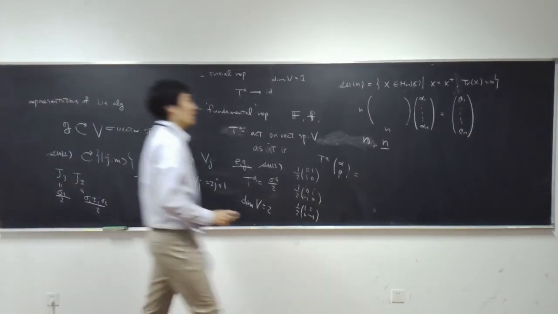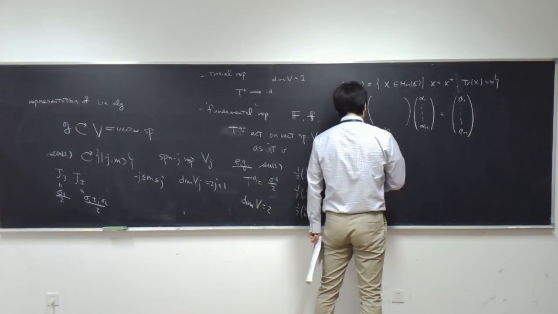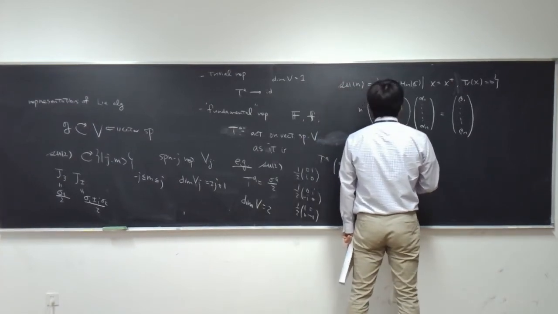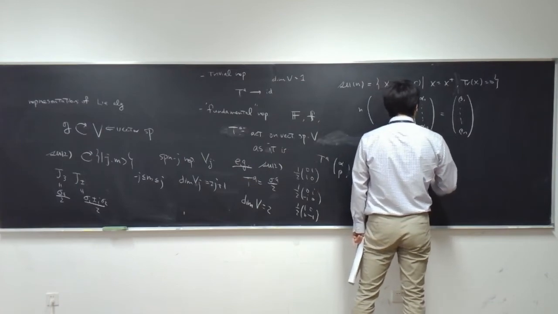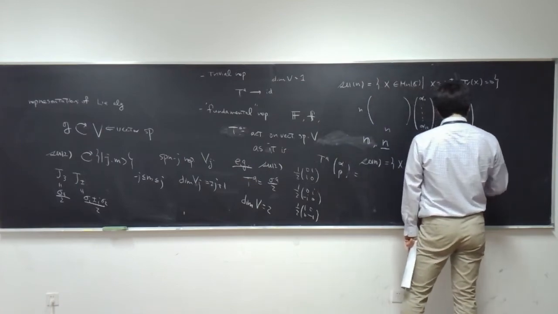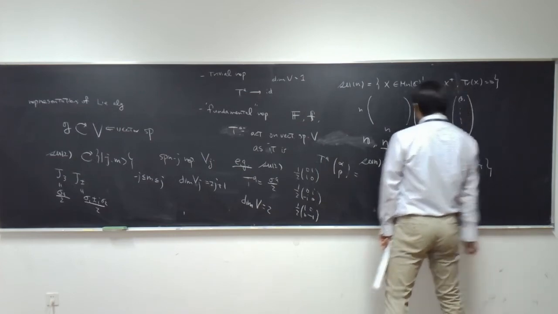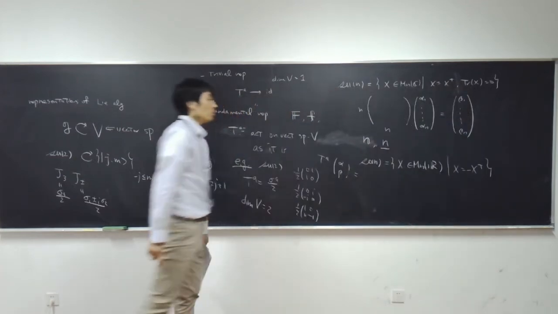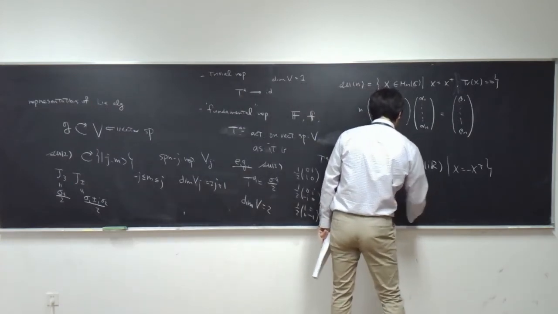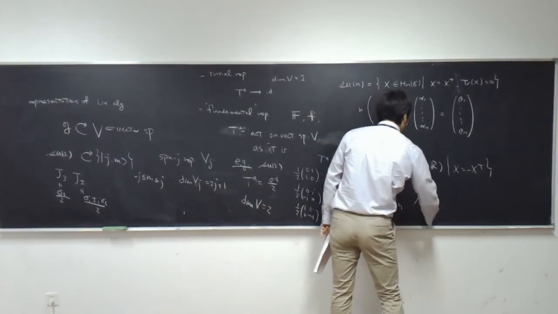Even for SO(N), the fundamental representation is X in M_n of R such that X is equal to minus X transpose. So it's an n by n matrix.